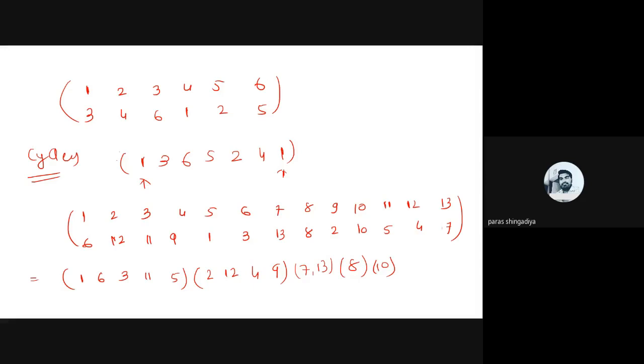It will take some time to define transposition and its counterexample, because from the cycle we predict whether the transposition is odd or even, and based on that we can check whether the permutation is even or odd.